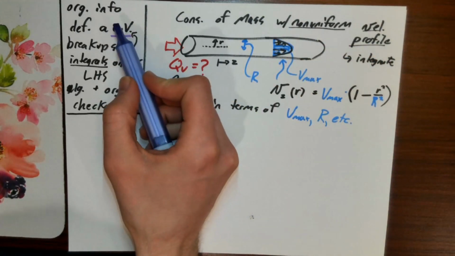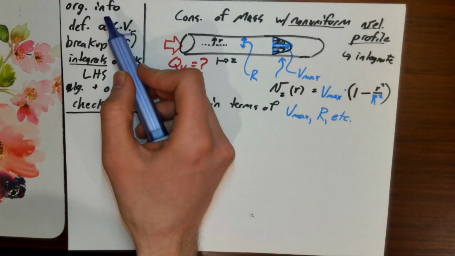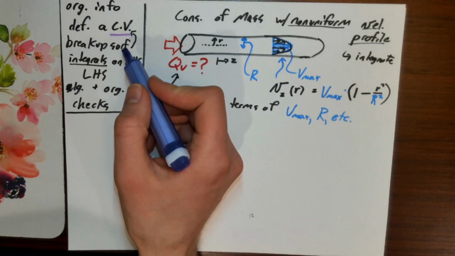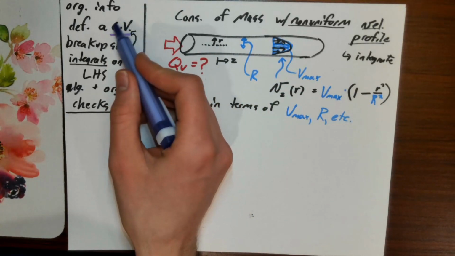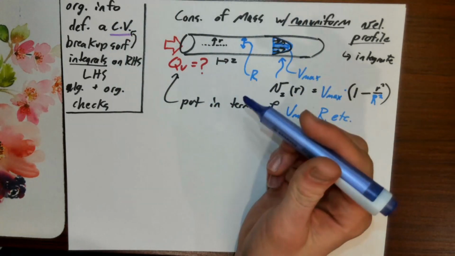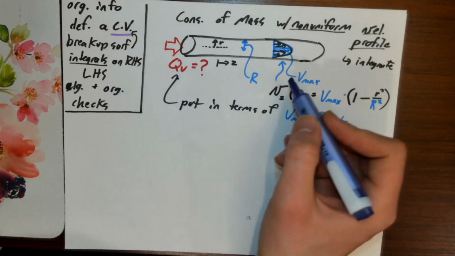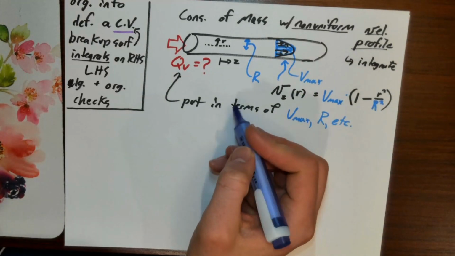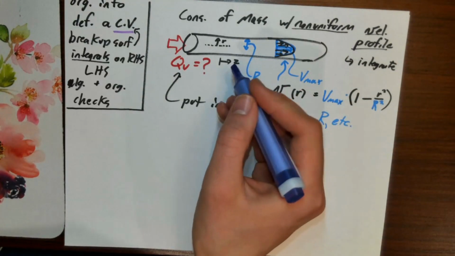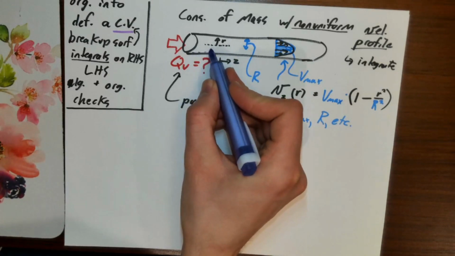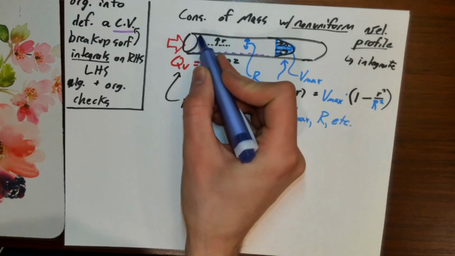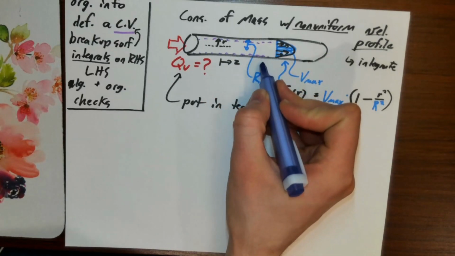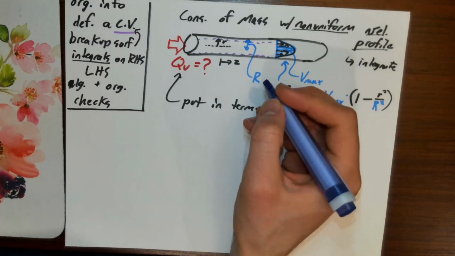When we were defining control volumes, it was oftentimes a very good strategy to make surfaces of the control volume coincident with either things that we were looking for or things that we had information about. So for example, we have a lot of information about the walls of the pipe. Why? Because no flow should be going into or out of or through the solid wall of a pipe.